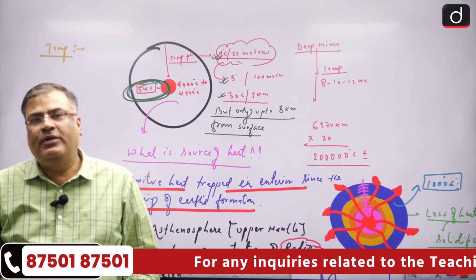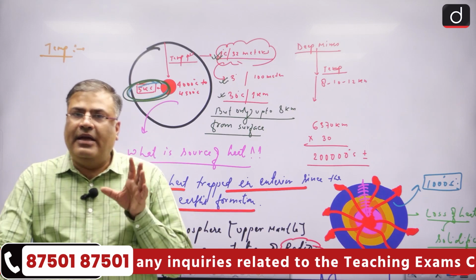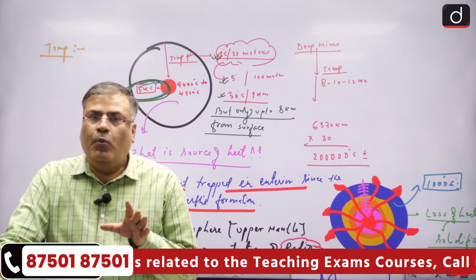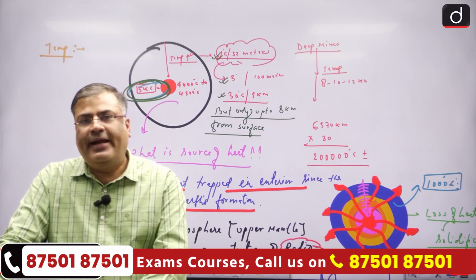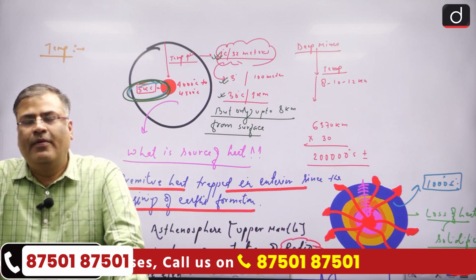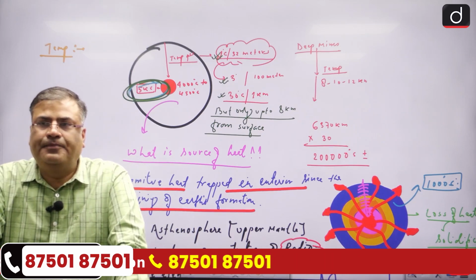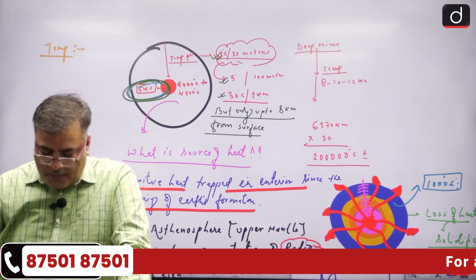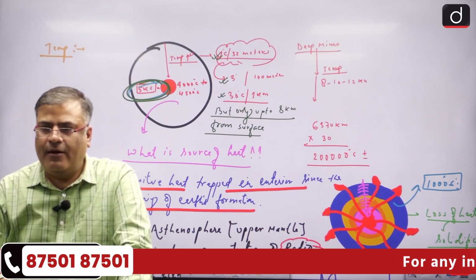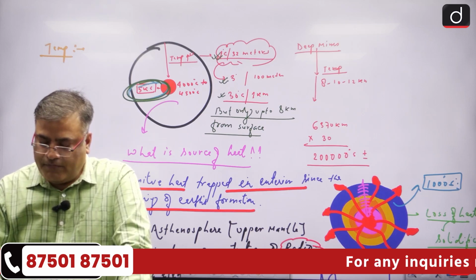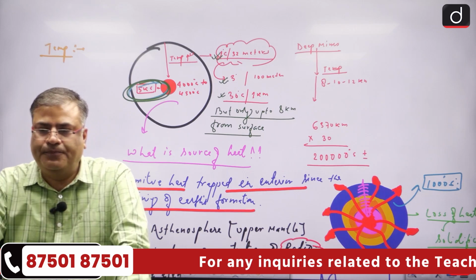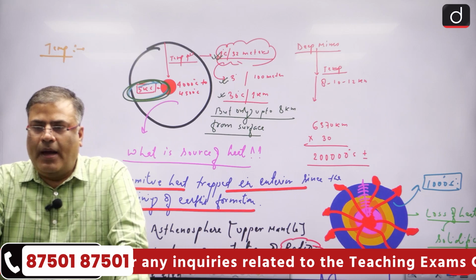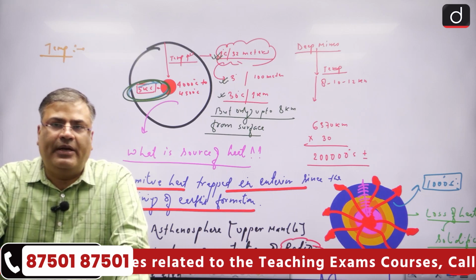We can conclude that temperature increases with increasing depth at the rate of 1 degree C per 32 meters up to the depth of 8 kilometers.